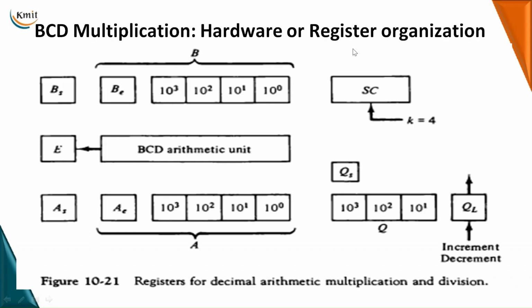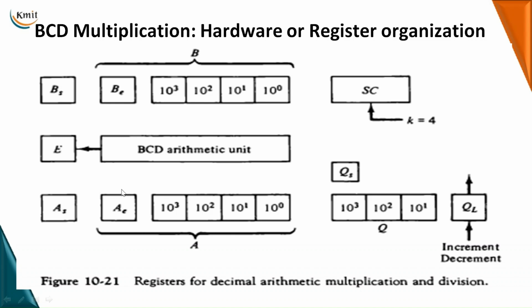If you look at the hardware or register organization of the BCD multiplication algorithm, there are three registers A, B and Q used in the algorithm, each having a corresponding sign flip-flop AS, BS and QS, which are used to store the sign bits of the contents of the registers.